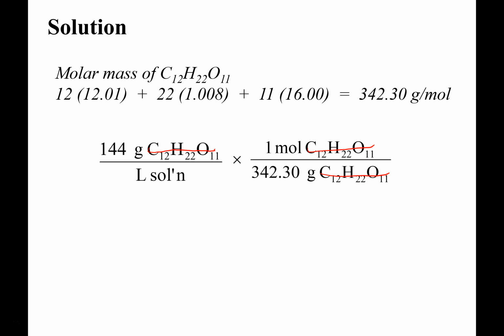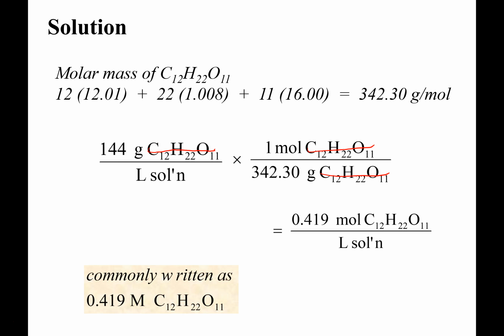So how many sig figs? 3. I'm liking 3. So around 3 sig figs, you get 0.419, and explicitly it means 0.419 moles per 1 liter, or you can simply write 0.419 big M, meaning molar, of C12H22O11.